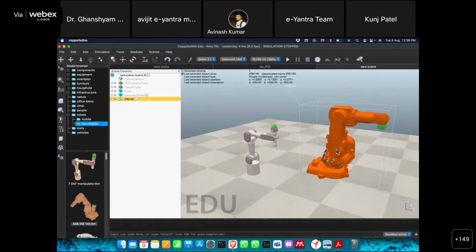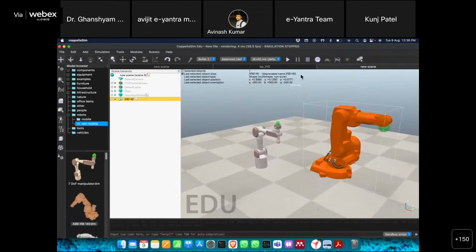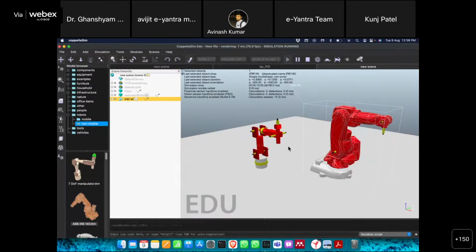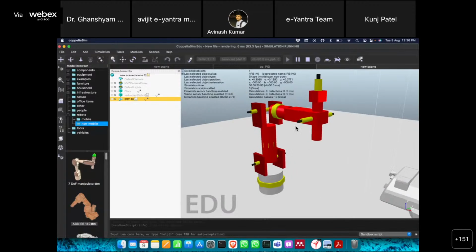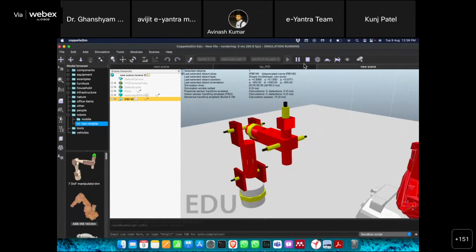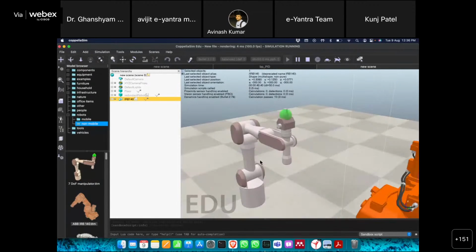You can see very beautiful looking systems, but when you look into them, they are actually made up of primitive shapes. Externally they look very different, because these mesh files are overlapped on these primitive shapes.